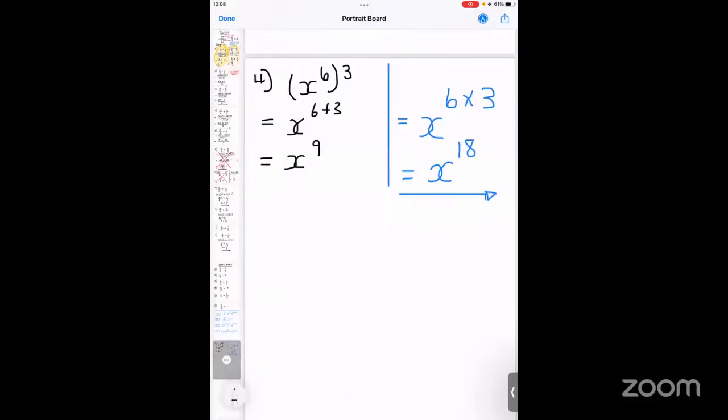So let us now look at another example where you can have x, y in brackets with an exponent. Okay, what about this one, Manahil? How would you work it out?